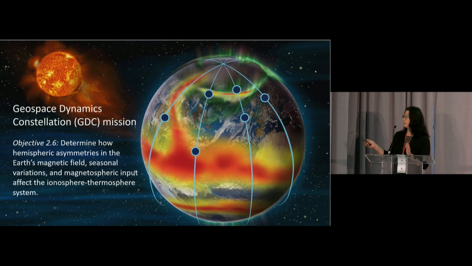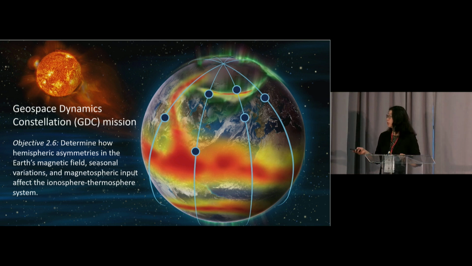And meanwhile, the future mission GDC, probably you have heard about that, the Global Dynamics Constellation mission has a very important objective: to determine how hemispheric asymmetries in the Earth's magnetic field, seasonal variation, and magnetosphere input affect the IT system.